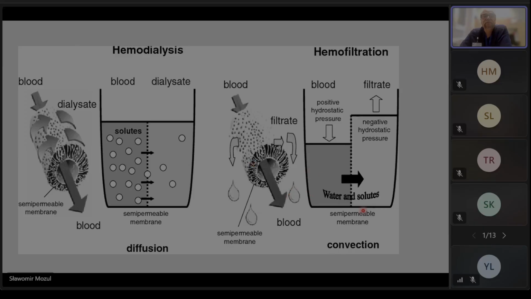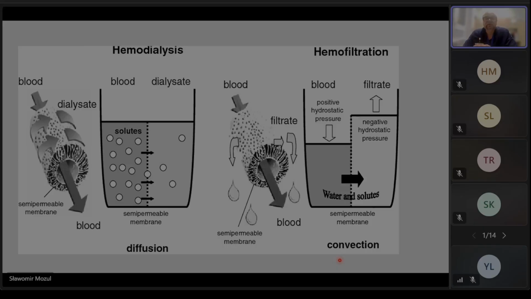The filter used for hemofiltration has a different construction than in hemodialysis. It has larger pores that only leave proteins and blood cells. Water and the substances dissolved in it very easily pass through the pores to the other side of the membrane and are removed.